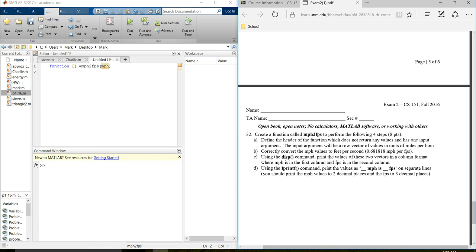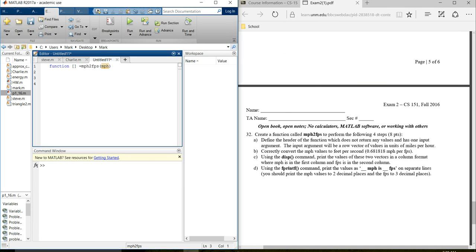So I'm going to come over here and I just wrote this too. Feet per second is equal to mph divided by 0.681818.